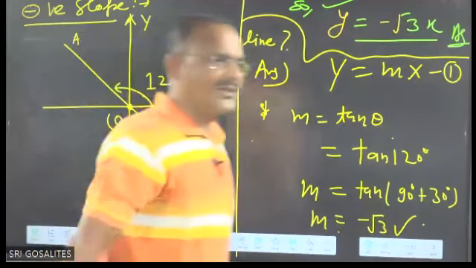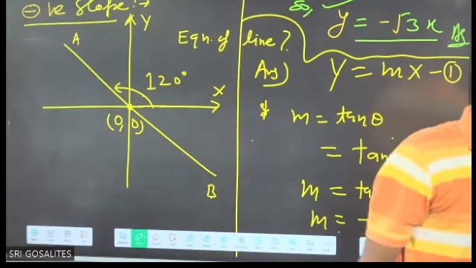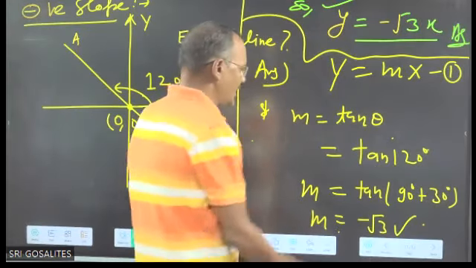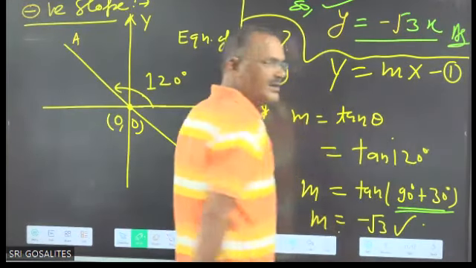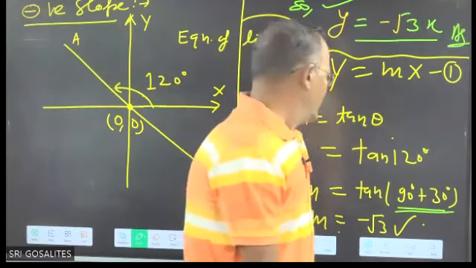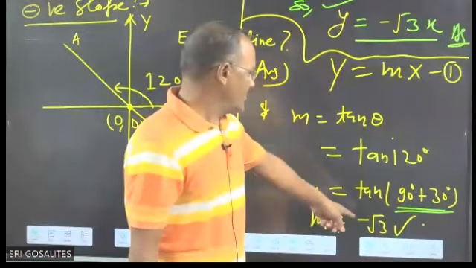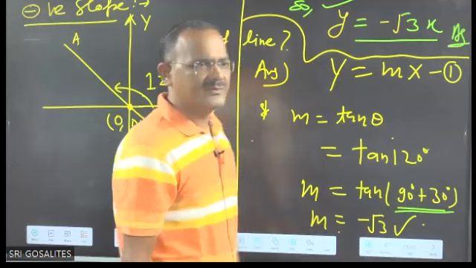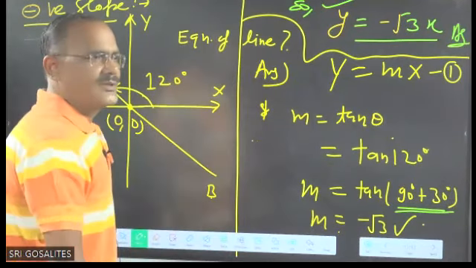Please copy this, children. If any trouble or problem is there, then tell me. Why negative? This is 90 plus 30. Possibly sir would have discussed the higher angles. This 90 plus 30 becomes minus root 3 in the second quadrant. Tan is negative. Okay. Done. Good.